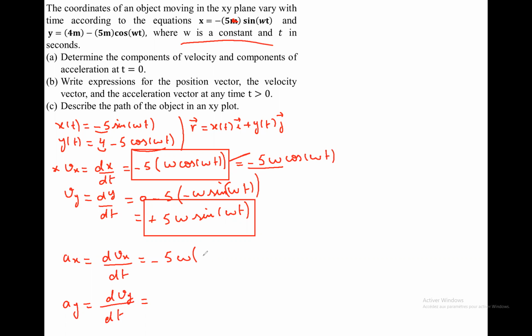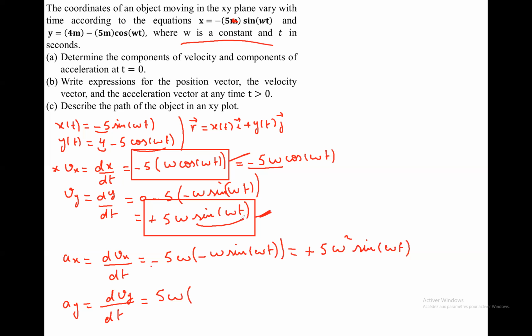So minus 5 omega times minus omega sine omega t, the derivative of cosine omega t, equal plus, minus times minus equal plus 5 omega square sine omega t.